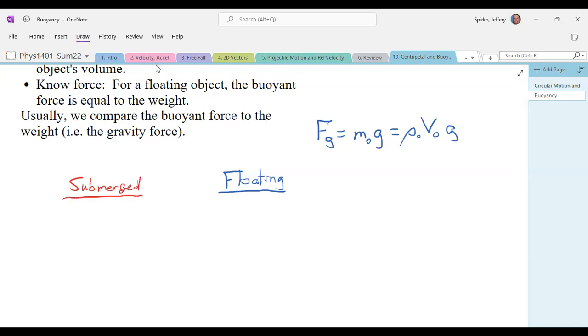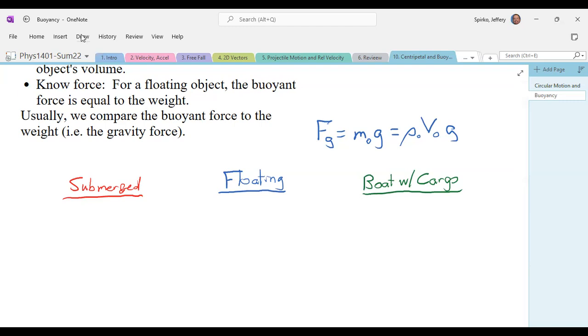And the third force diagram is for a boat with cargo. So I want to go back and forth between these situations. Let's first do all the force diagrams.